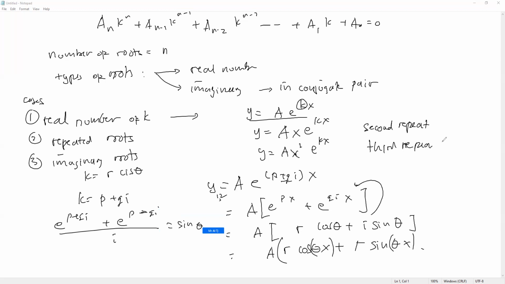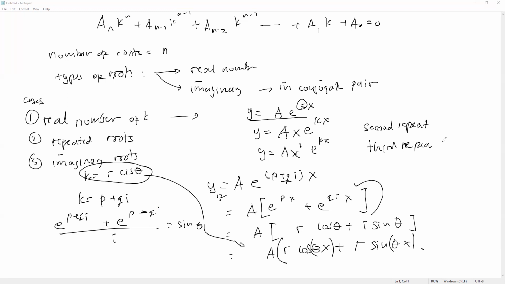So to summarize, if we can find it in the form of an imaginary number, in the form of r cis theta, we get them into trigonometric form: A times r cos theta x and A times r sin theta x.